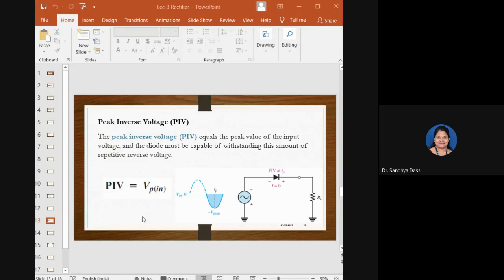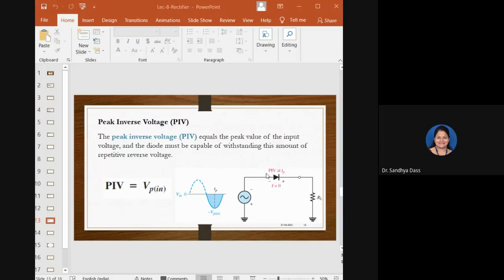As indicated in the figure here, in every negative cycle, which is repetitive, there is a peak reverse voltage. And we know during the reverse voltage, the diode will be reverse biased. So the diode should be able to withstand this maximum reverse voltage, otherwise there is a chance of breakdown happening, right?